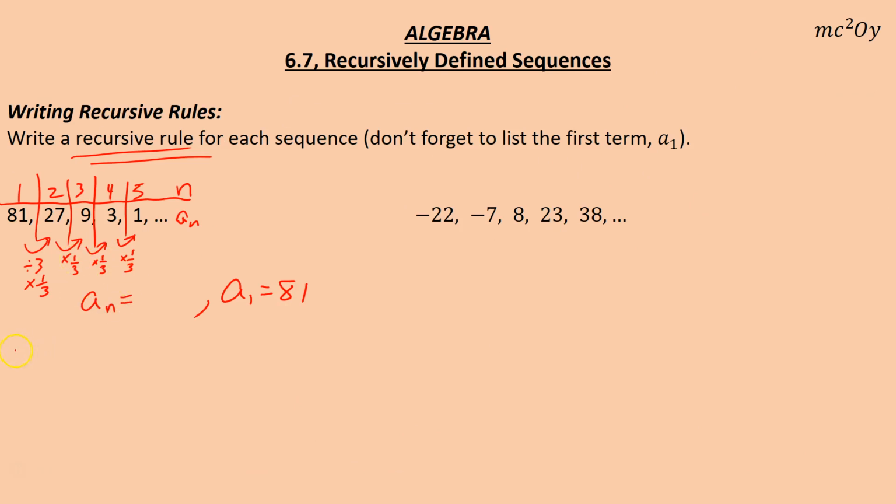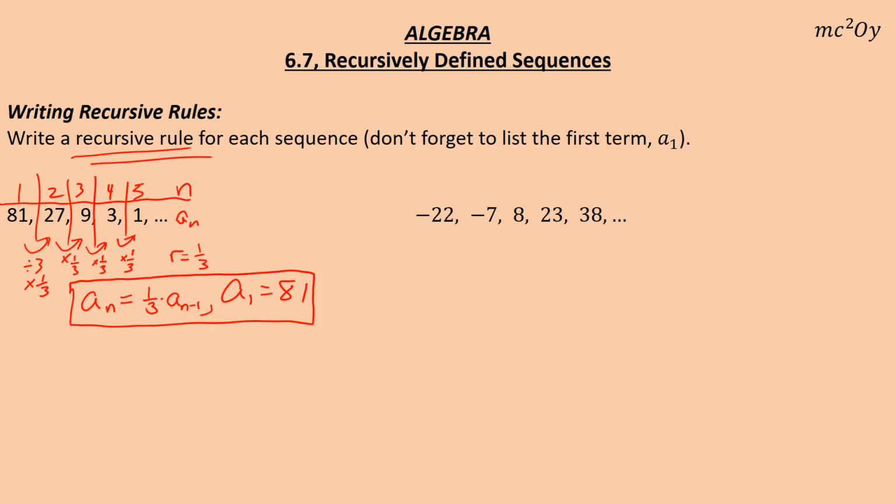R is 1/3. That's our common ratio, times a sub n minus 1. And then we have to list a sub 1. A sub 1 is 81. So we always need to know a sub 1, and then you figure out what your ratio is.